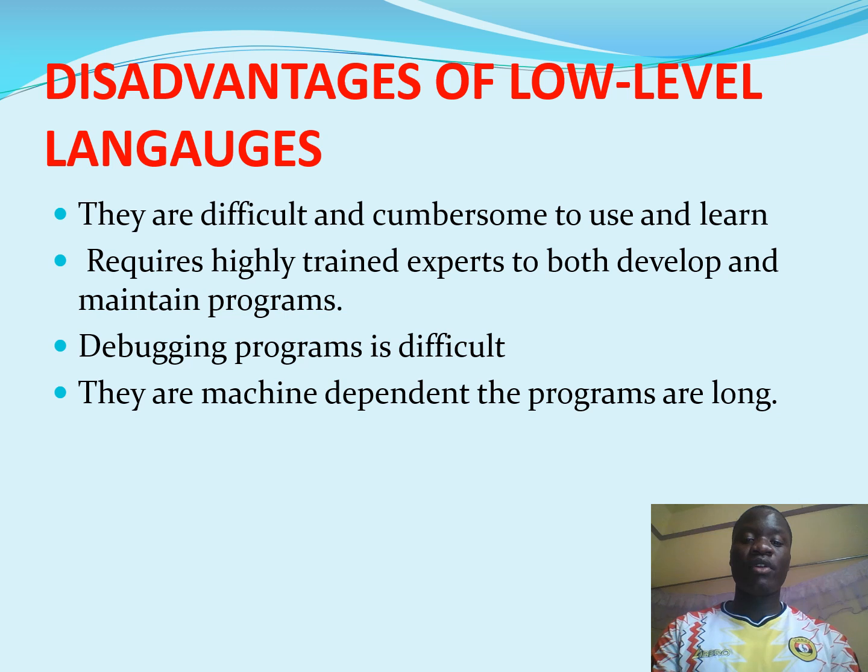You can't really know what it means in our normal English, so it is difficult to understand. The same applies to abbreviations in assembly language. If you're not well acquainted with it, it is not easy to understand. Therefore, they are difficult and cumbersome to use.